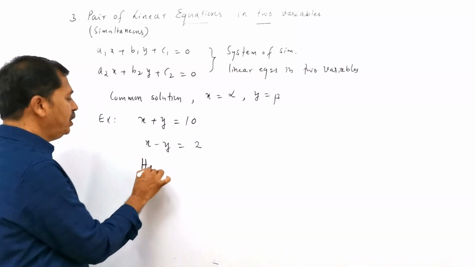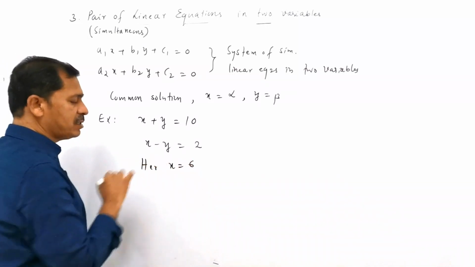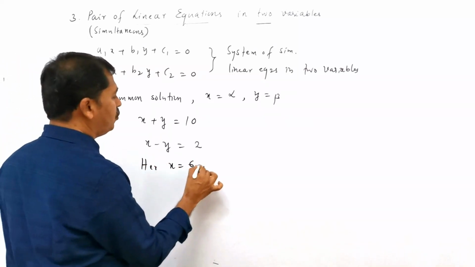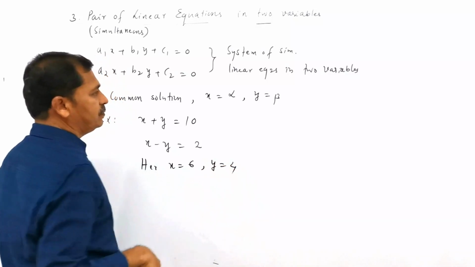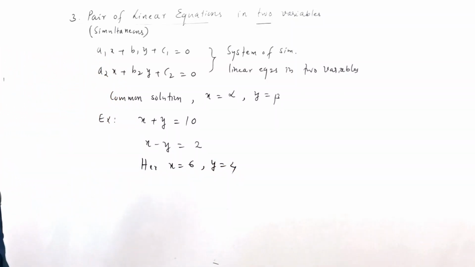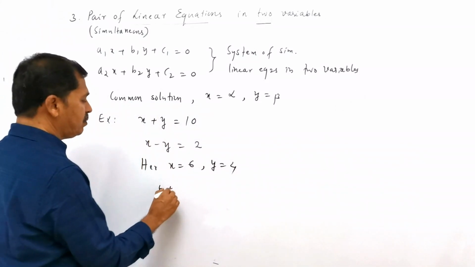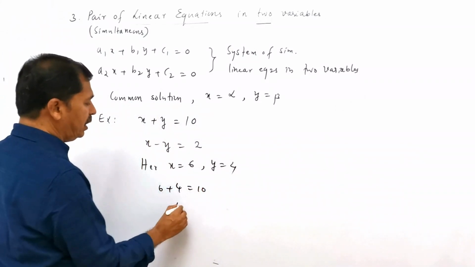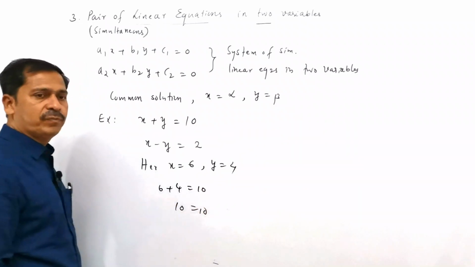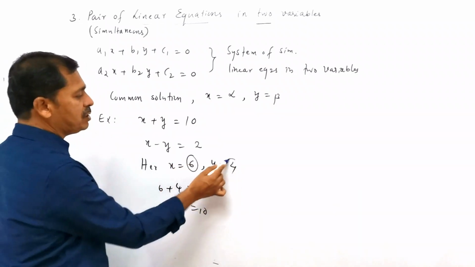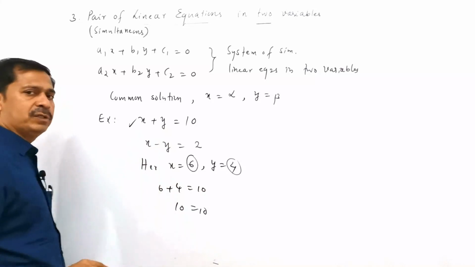Here, if you take x is equal to 6 and y is equal to 4, you see x plus y is nothing but 6 plus 4 is equal to 10. So what you are getting? 10 is equal to 10. So this set of values x equal to 6 and y equal to 4 satisfies the first equation.